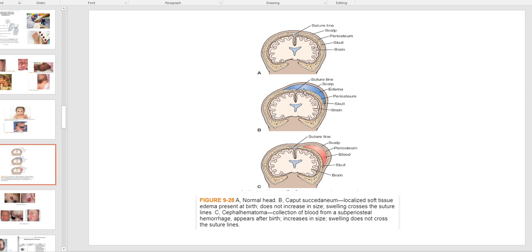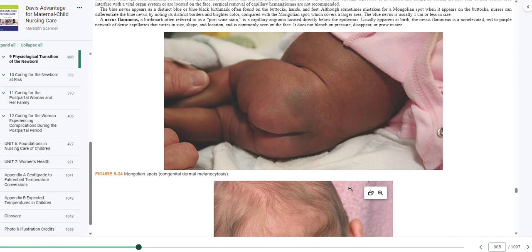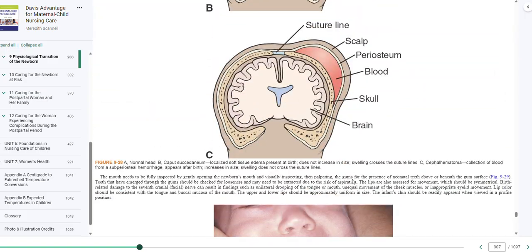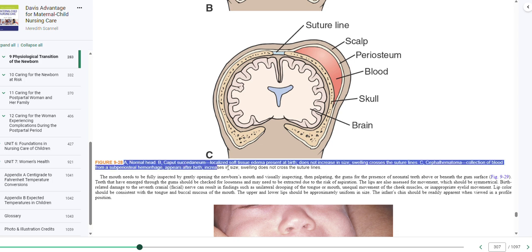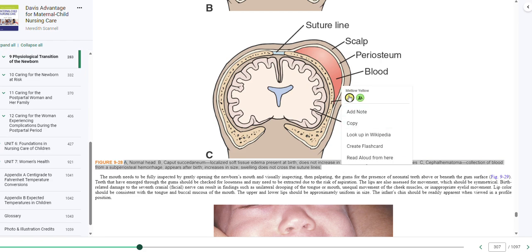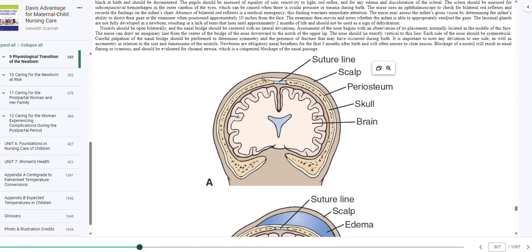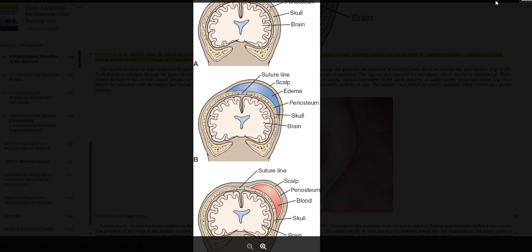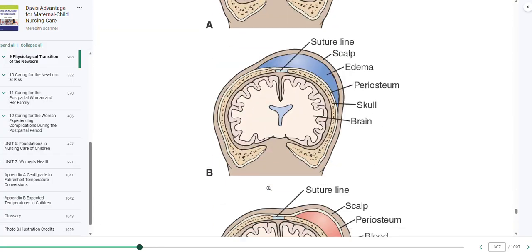So the caput succedaneum does cross, the cephalohematoma does not cross. Okay. This is a wink and a lollipop. You need to know the difference. Know the difference in these right here, especially B and C. Of course, A is normal, but know those terms. Know which one crosses and which one does not cross. Okay.